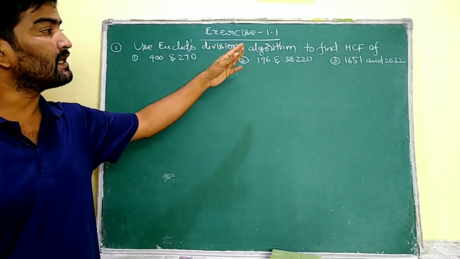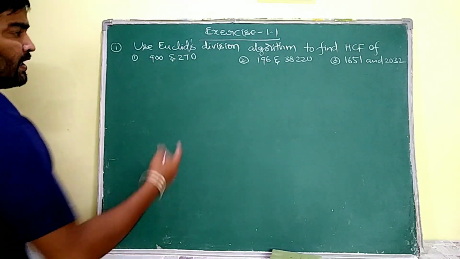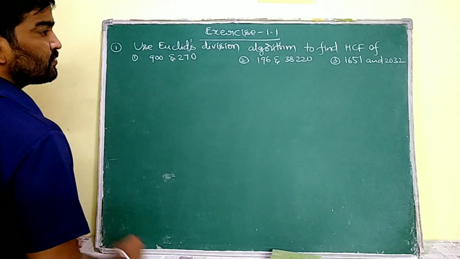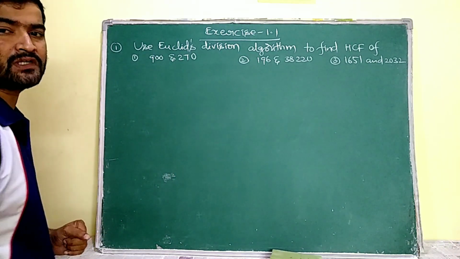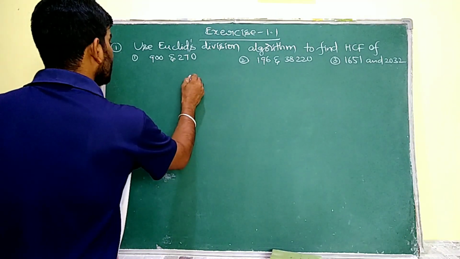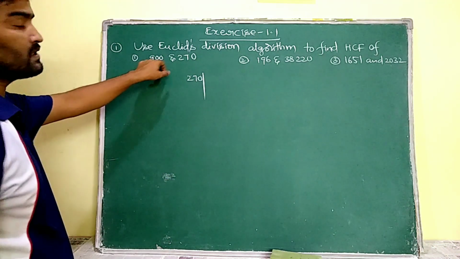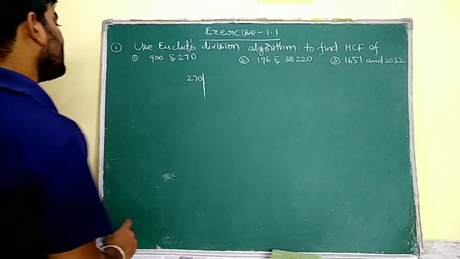Use Euclid's division algorithm to find the HCF of 900 and 270, 196 and 38,220, 1651 and 2032. Firstly, I asked you to do the long division procedure to calculate the HCF. See, out of 900 and 270, 270 is the least value.